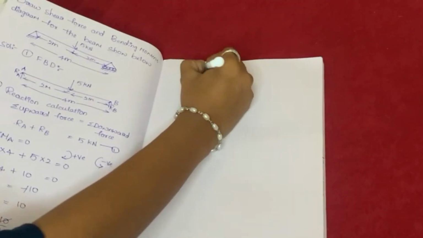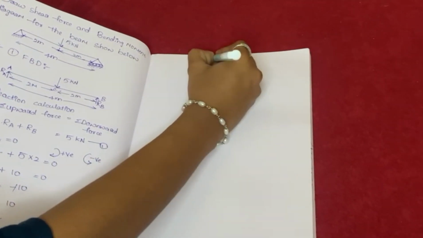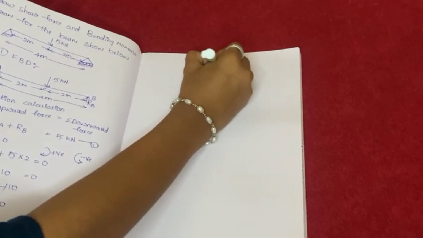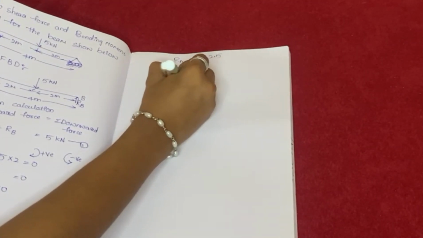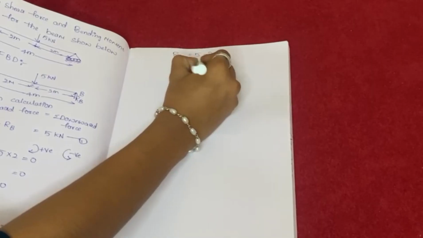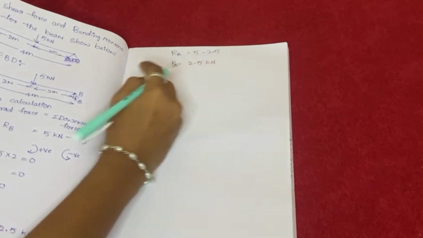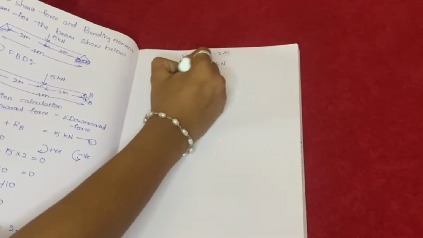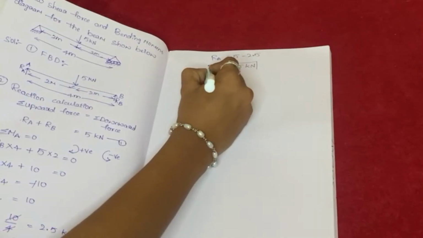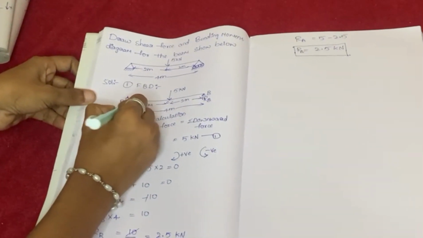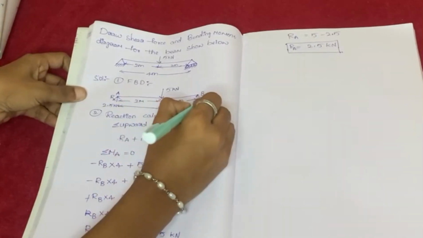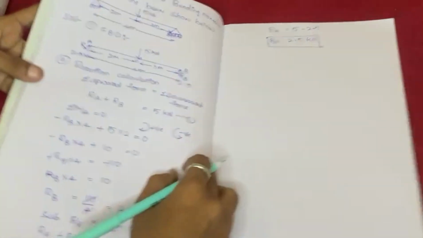Then RA is equal to 5 minus 2.5. RA is equal to how much? 2.5 kilonewton. We calculated the reactions RA and RB. Here RA is equal to 2.5 kilonewton and RB is equal to 2.5 kilonewton.